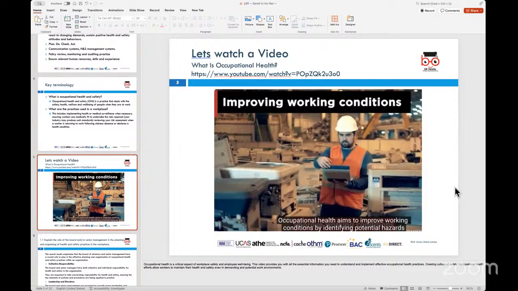And obviously in such videos, what you're going to see is that there are generally details taken from an engineering, construction, warehouse, or an organization which involves different kinds of working. For example, workers working on the factory floor, people working within the administrative side of things, people working within the office, and this would give you a general overview of the meaning of occupational health and what is related to occupational safety.